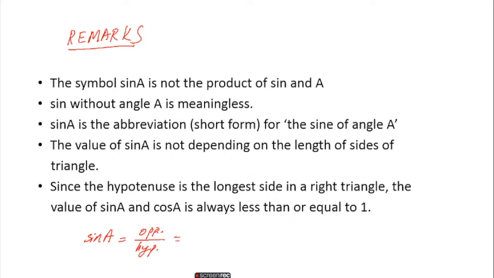So it is a fraction with a smaller numerator and a larger denominator, like a proper fraction. So its value will always be less than 1. So the value of sin A and cos A will always be less than 1. But what about tan A? It need not be less than 1.